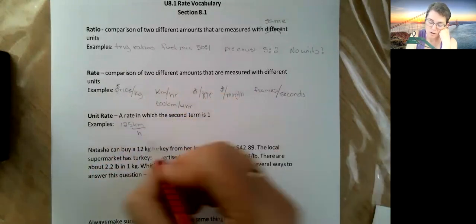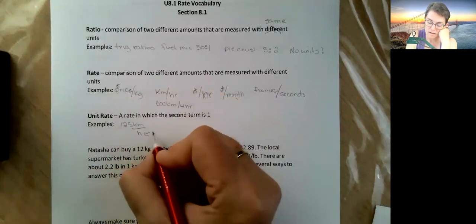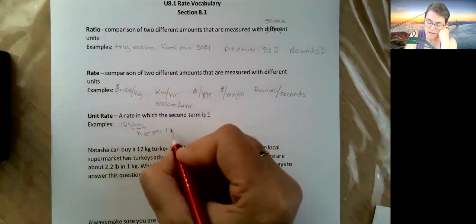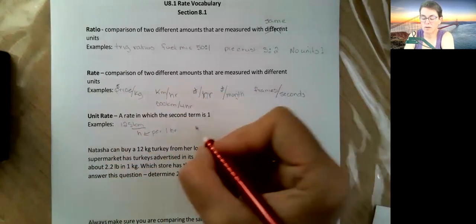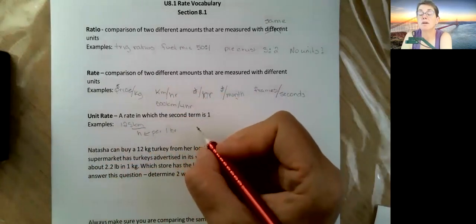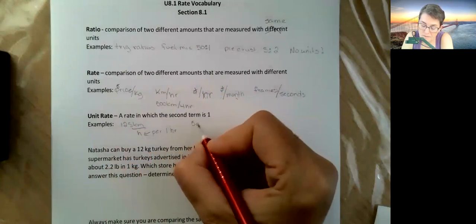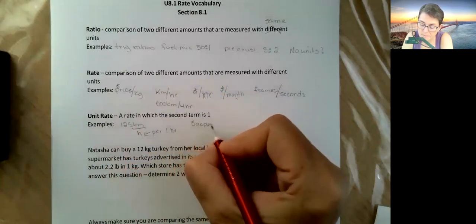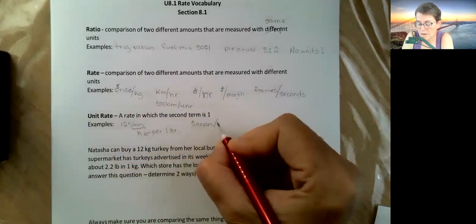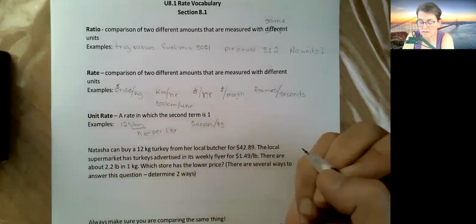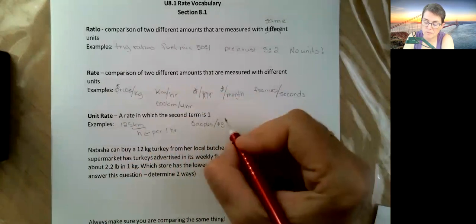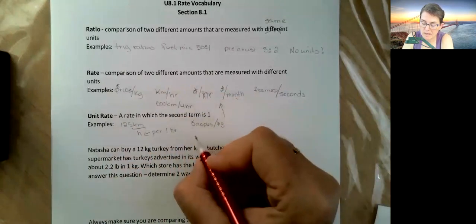So it's always per 1. So you might go to the grocery store and it might say 5 apples for $3. So that's just a plain old rate.